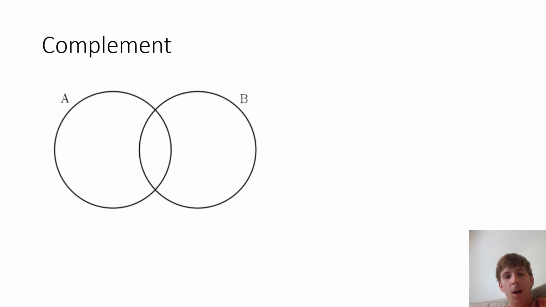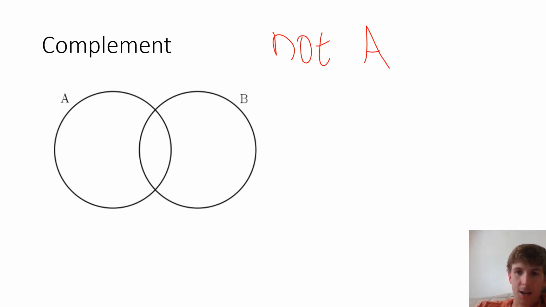All right, another vocab word is the complement. This is what I was referring to when I was talking about not A. It's referred to as not A, and the symbol used is A with a little bar on top. In English, it would just be A complement.